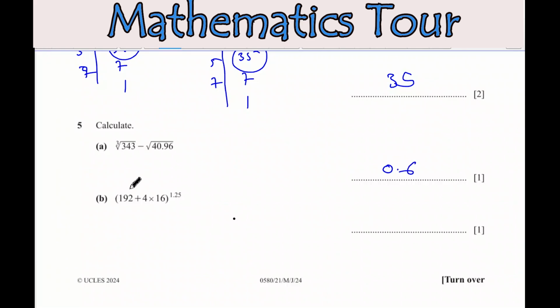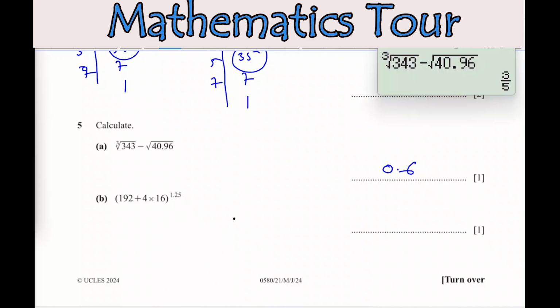Okay, so we have another one here. So this is 192 add 4 multiplied by 16 to the power of 1.25. So you could as well use your calculator again. So let's pick the calculator again. So you can just insert it the way it appears here.